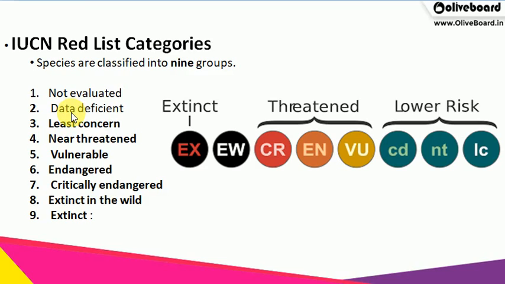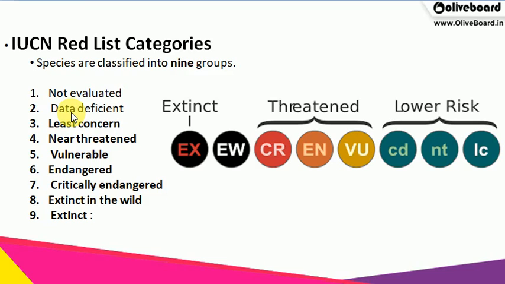Then the second category is data deficient. Data deficient are the species for which we do not have enough data for proper analysis and assessment. Then we have least concern. Least concern, as the name suggests, are the species at the lowest risk.